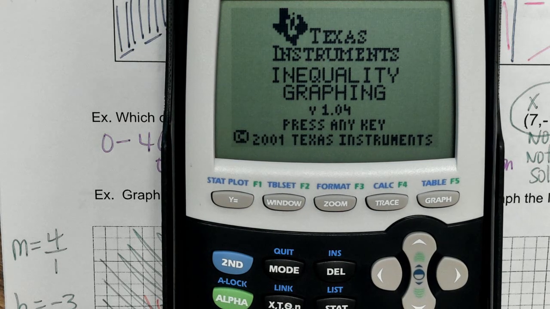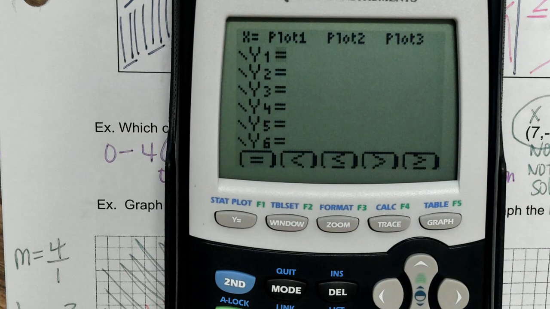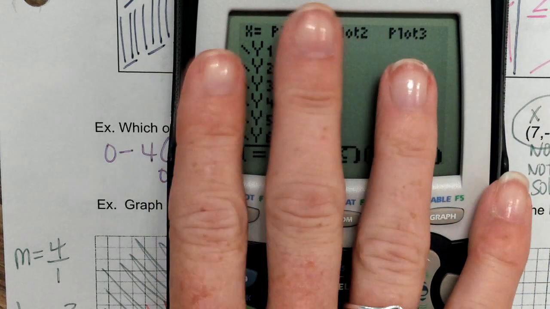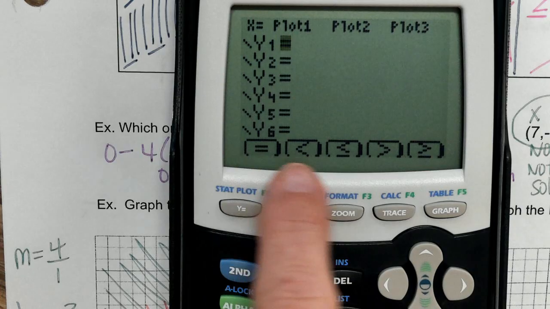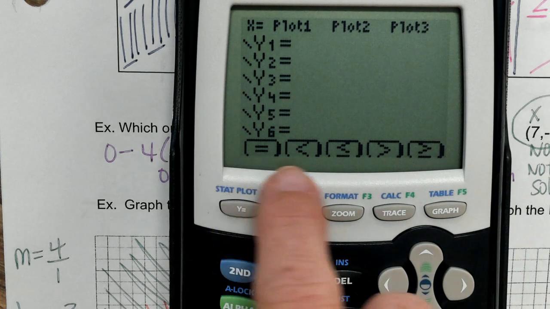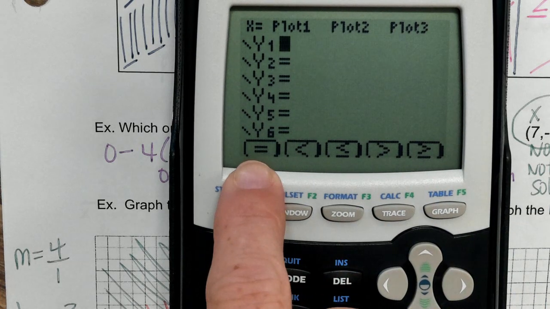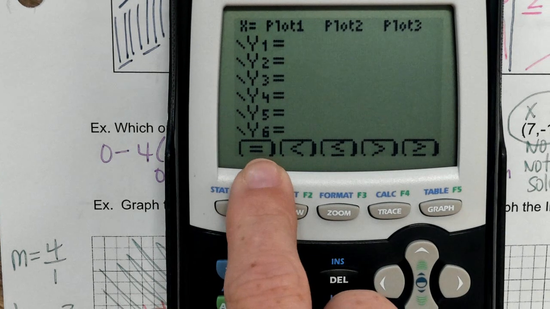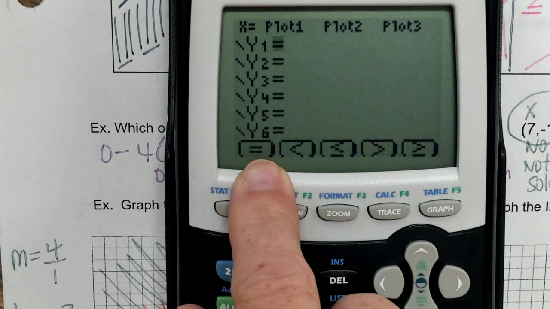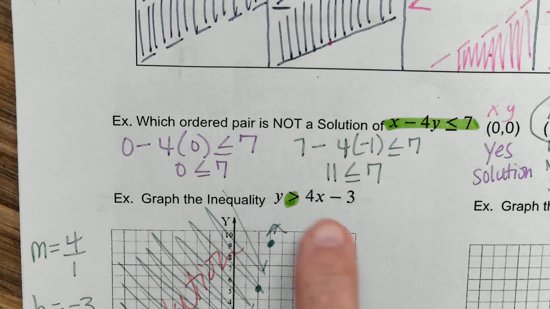Okay. Now I want you to hit the y equals button, and now I'm only talking to the people who have a school calculator. What do y'all see popped up right here? All the different inequality options plus the equal sign. Does everybody see it? Which one do we want for this problem?